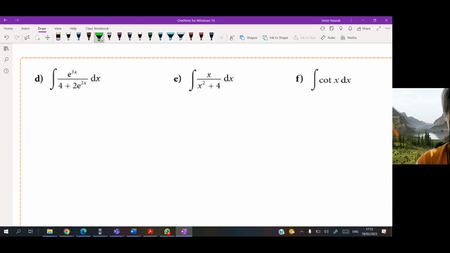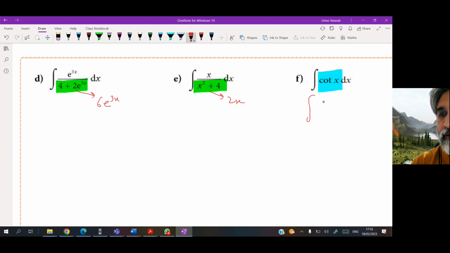Same type of questions. What's the derivative of the denominator? It's 6e^3x. The derivative of the denominator is 2x. No, we have to write it as cosine of x over sine of x. Come on, what is the derivative of sine of x? It is cosine of x.